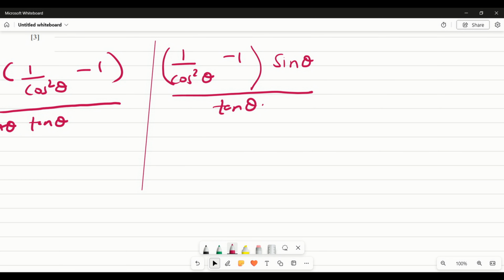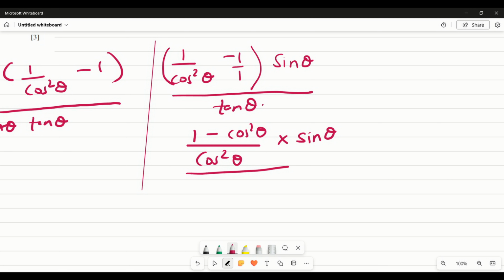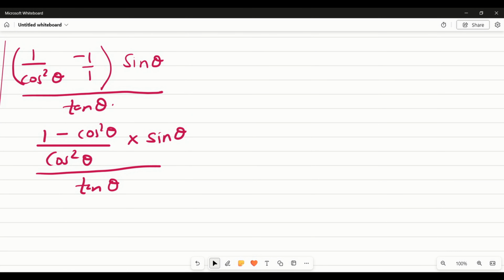We can actually make this one to be in a fraction form, so we can get the LCM, which is cosine squared theta, and cosine squared theta goes there 1, so you're going to have 1 minus the denominator is 1. 1 goes into cosine squared theta times, and then this one will be times sin theta, then the whole of it divide by tan theta.